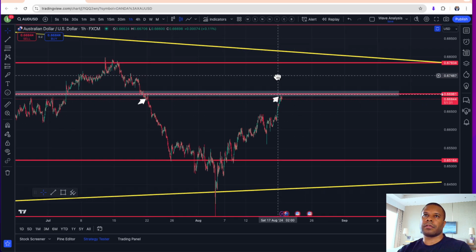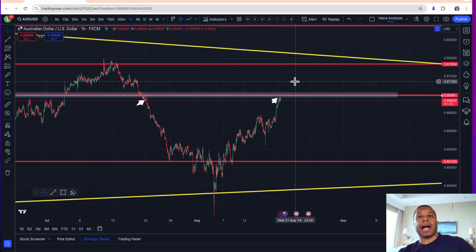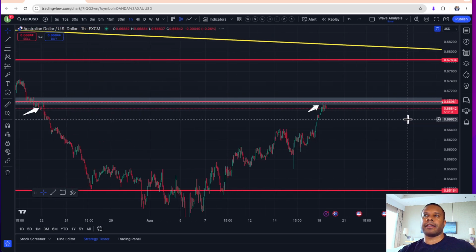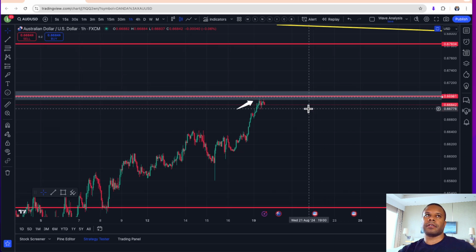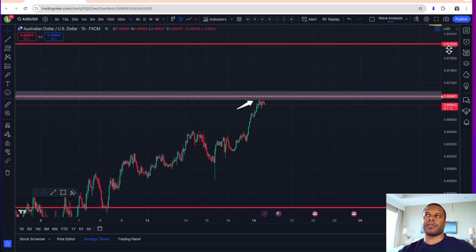So I could either wait till this level reacts, or I could even wait till it gets all the way up to the next level, to the trend line. That would take some time, of course, but right now it is at a major level. So I do like the fact that it's at this major level. So this can be a potential level of resistance, right?